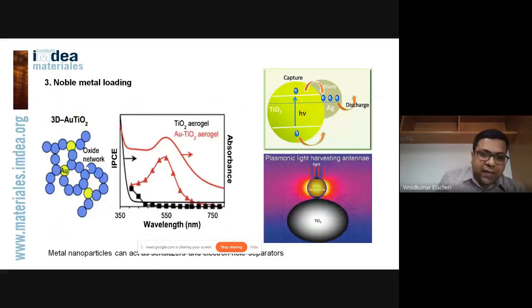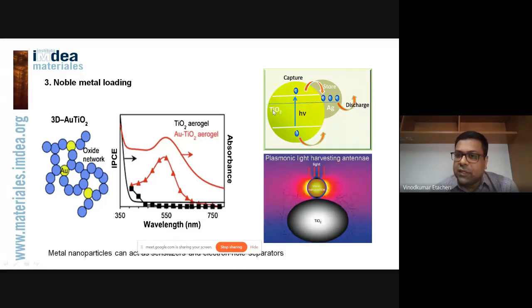The dyes can also be replaced by noble metals. This is known as noble metal sensitization. In this method, gold or silver is commonly used, but they can act in different ways. Let's see the performance of silver modification.